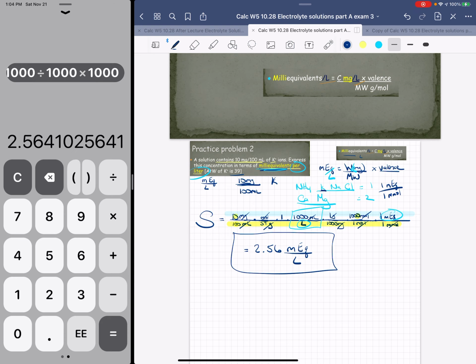So I have some assurance that I'm on the right track there. Often when I redo this, I'll get different answers, and then I'll need to redo it at least 3 times, make sure I get the same answer, because I've got clumsy fingers, I guess, and I often hit the wrong ones. Anyhow, that's just another test taking tip there. Okay, so that was it for practice problem 2. Any questions, let me know.